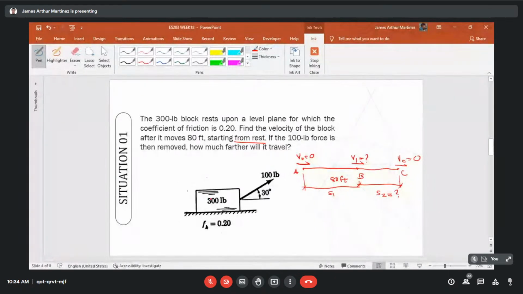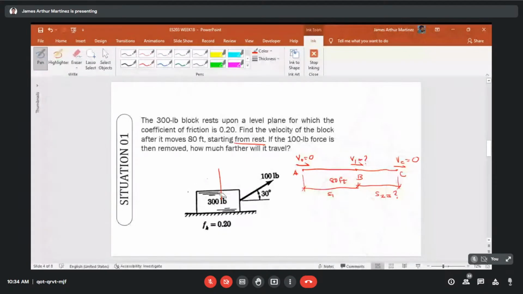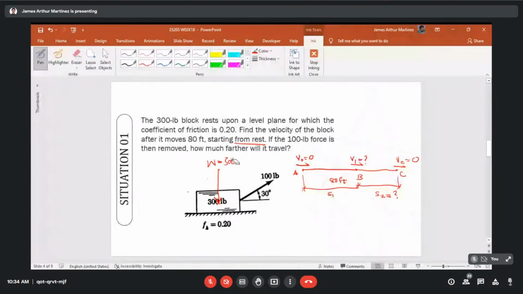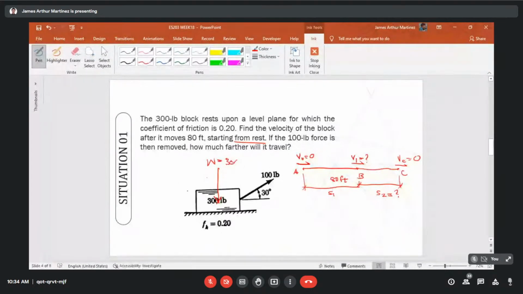First, let us show the forces acting on our object. Of course we have the weight of the object acting at its center of gravity, 300 pounds. Since it is in contact with a surface, it exerts a normal force. How much is the normal force?